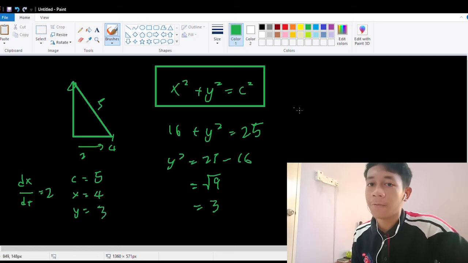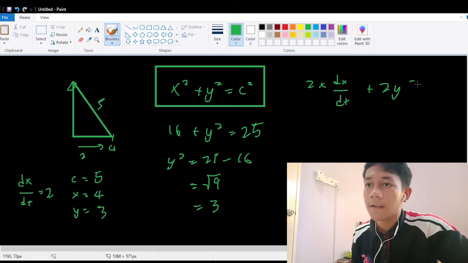To find the rate at which the bag is dropping to the floor, we can use the same formula again. We just need to differentiate it with respect to t. So it will be 2x dx/dt plus 2y dy/dt equals 0.